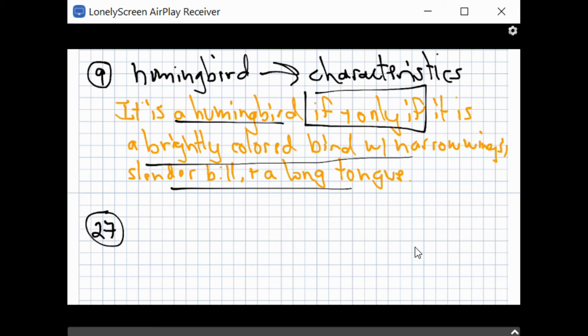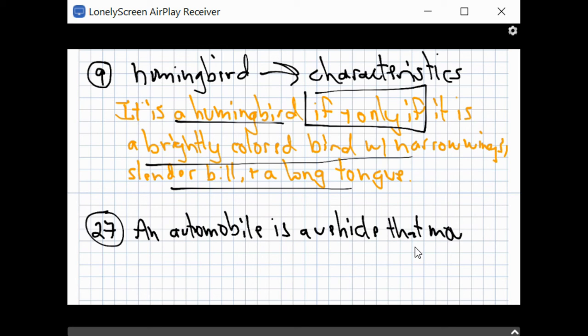And the definition they've written here is, an automobile is a vehicle that moves along the ground.